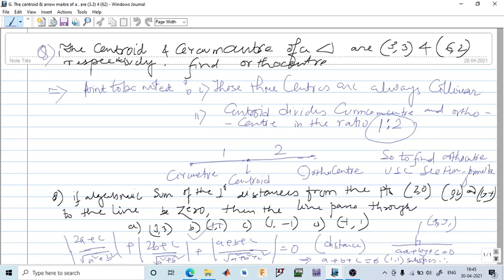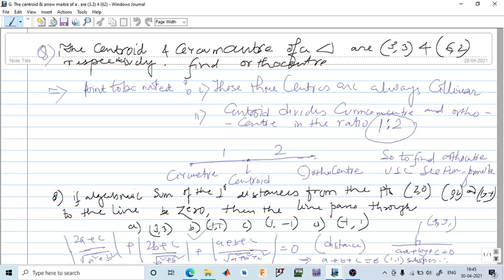This type of question often comes: the centroid divides the circumcenter and orthocenter in the ratio 1:2. Please remember that, and if you can remember that, then you can easily use the section formula, right?